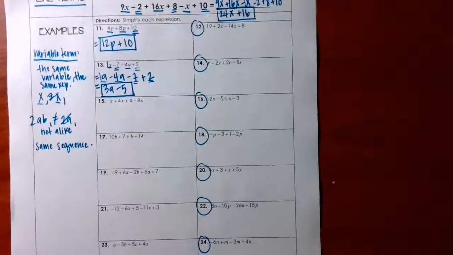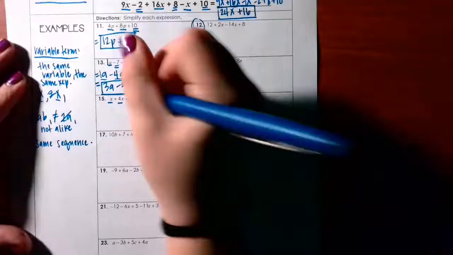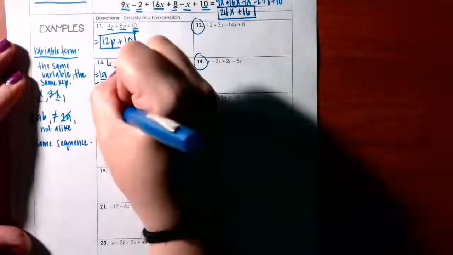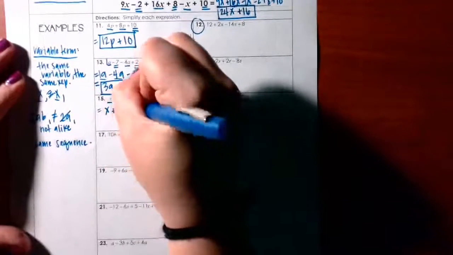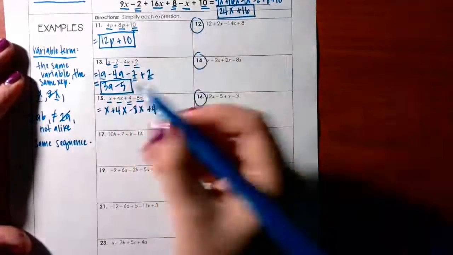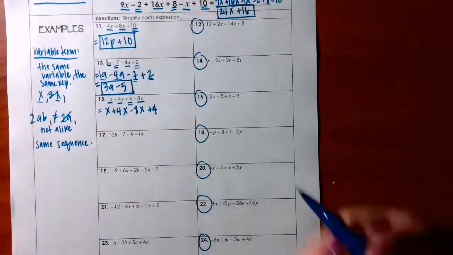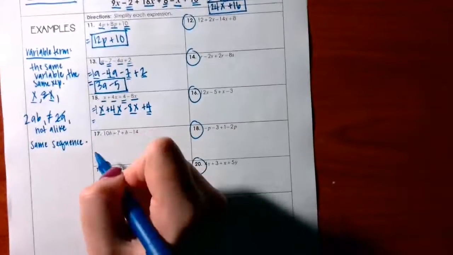Now, number 15, I'm going to do the same thing. I'm going to underline all my variable terms once and my constants twice. And I'm going to rewrite it with my like terms together. So x plus 4x minus 8x plus 4. Don't forget that subtraction sign goes along with what it's in front of. Now that I've just rewritten all my like terms together, I'm going to combine them. So remember, there's an imaginary 1 in front of this x.